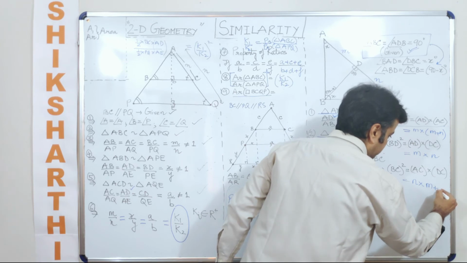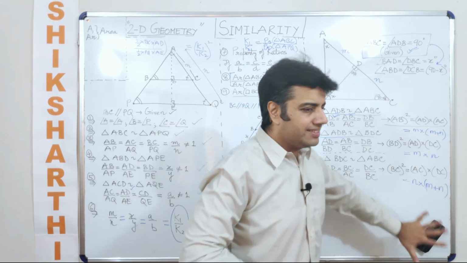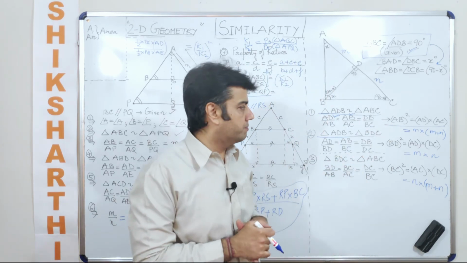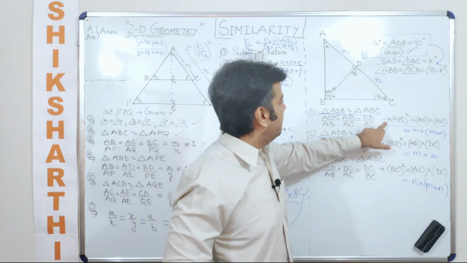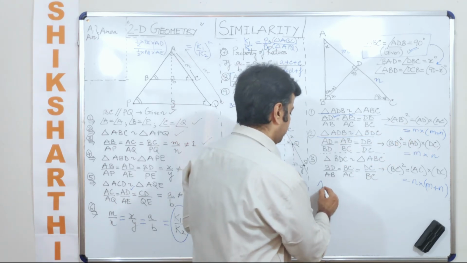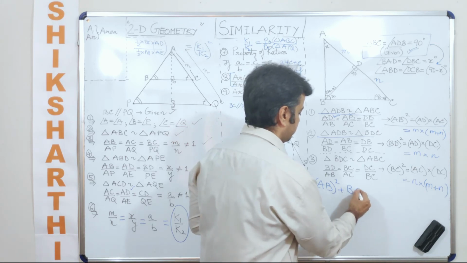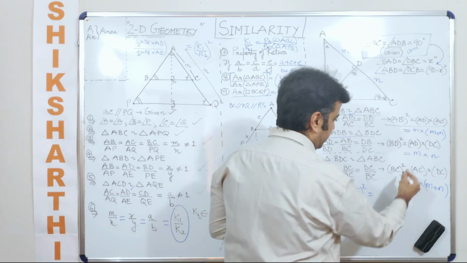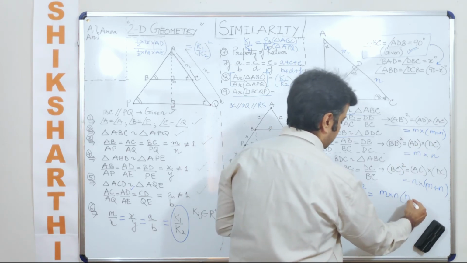This is a very important thing, and the last thing to be considered here is, from here I can establish the Pythagoras theorem. How can I establish the Pythagoras theorem here? I can say that AB whole square plus BC whole square, now AB whole square is just like saying m into m plus n, and this is n into m plus n, I'm sorry.